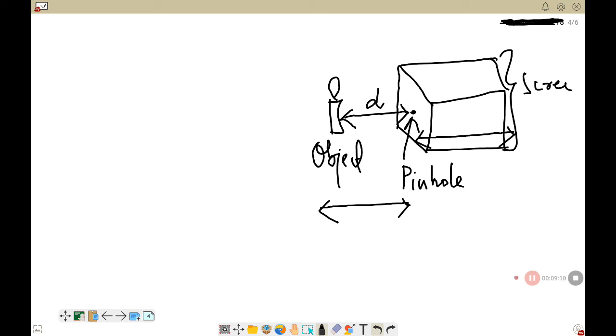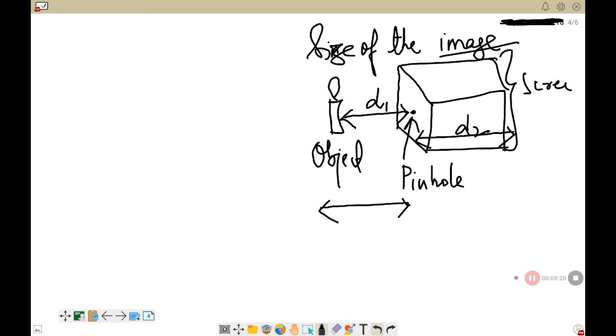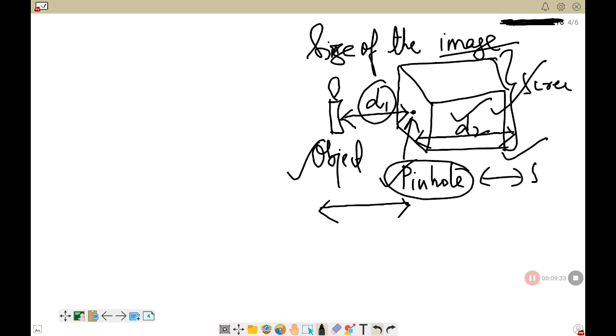So for the two distances, you can write d1 and d2. So the size of the image, whether the image formed will be large or small, depends upon these two distances. One is d1, that is the distance from the object to the pinhole. The other one is d2, that is the distance from the pinhole to the screen. Understand? So let's see what it says.